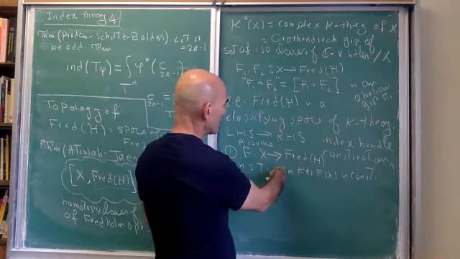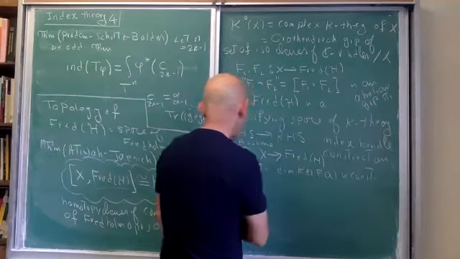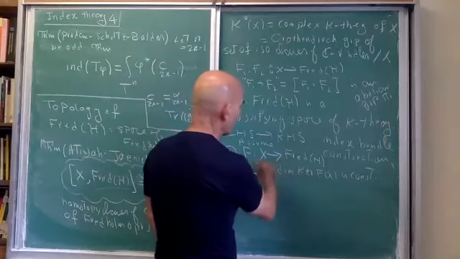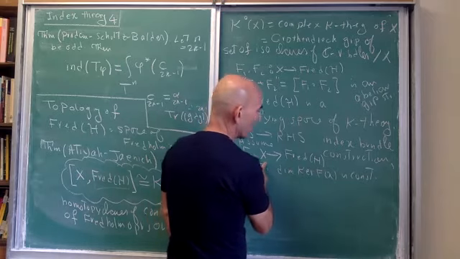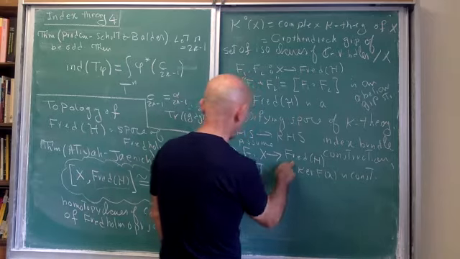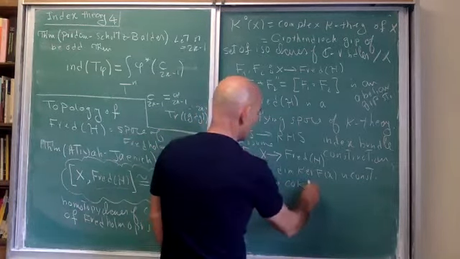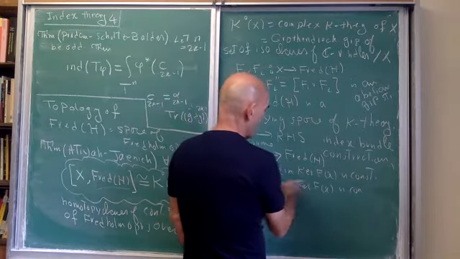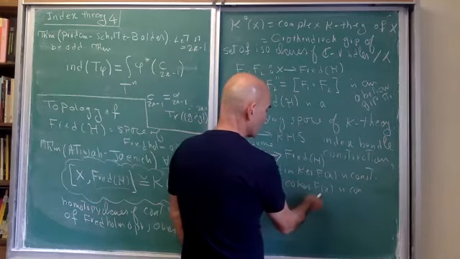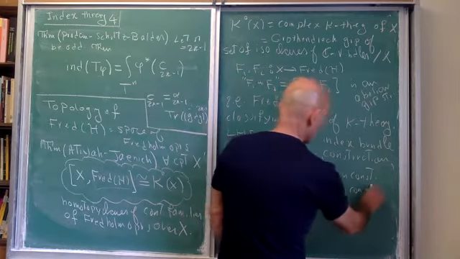Then of course, because it's a continuous family, let's assume X is connected, for example, it follows that the dimension of the co-kernel of f of x is also constant. I mean, it's finite, we know it is finite because it's a Fredholm operator, but because it's a continuous family, the index doesn't change, so the dimension of the kernel doesn't change, so the dimension of the co-kernel should not change. It's constant.